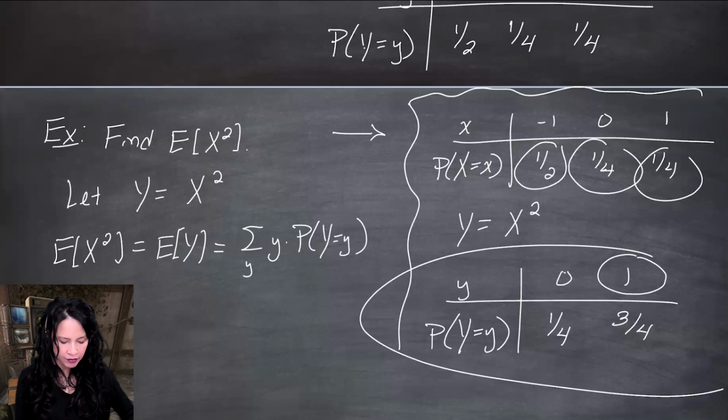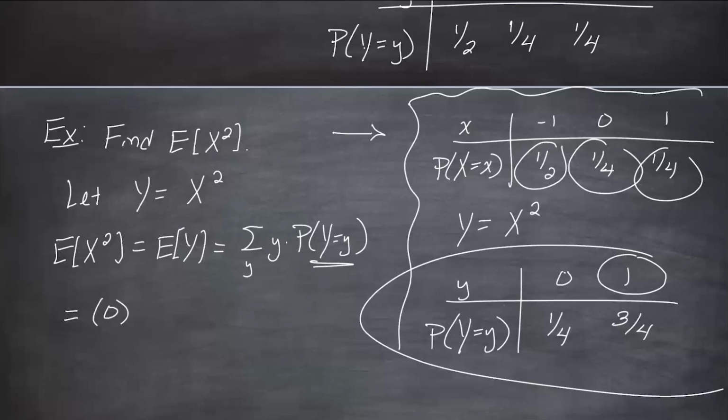The only relevant values where this is not zero are 0 and 1. So we get 0 times the probability that y was 0, which is 1/4, plus 1 times the probability that y was 1, which is 3/4. And this whole thing is 3/4, which as a coincidence happens to be the old expectation for the other distribution for x.